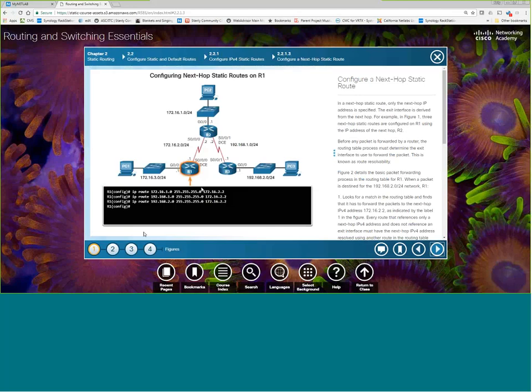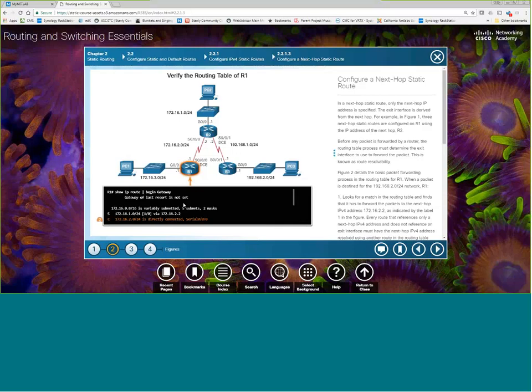And here it is, next hop IP. And you see, one of the problems with next hop IP, and this is not as big a deal anymore because of CEF. Remember we talked about Cisco Express Forwarding and how it builds a table of all the possible routes that can be used by any networks. And then as a packet comes in for lookup, that table answers the question of which exit interface it needs to go out almost immediately.